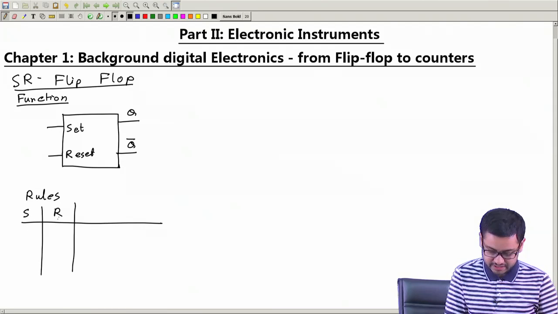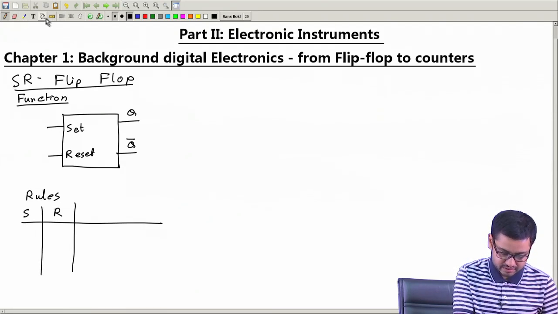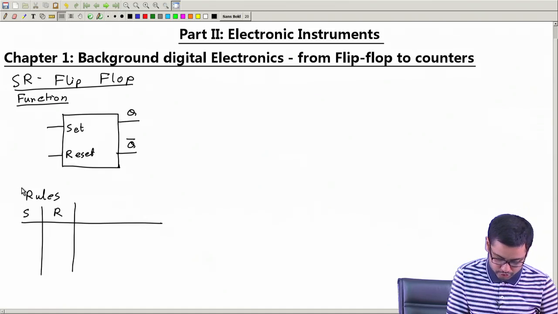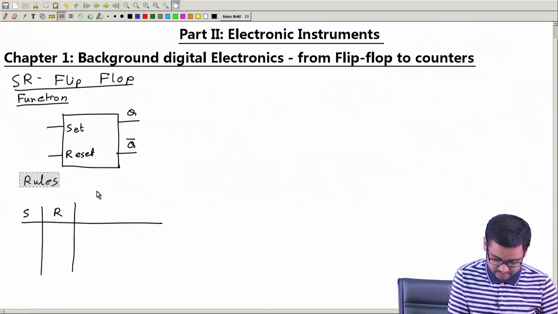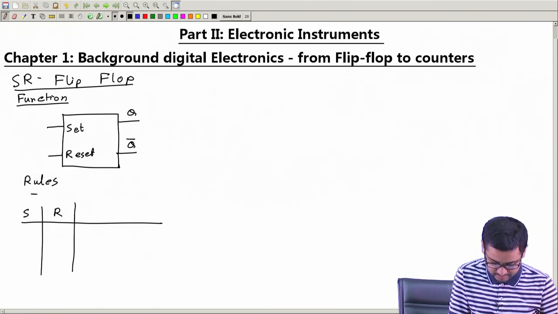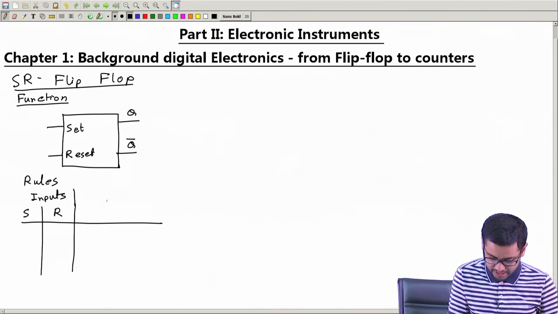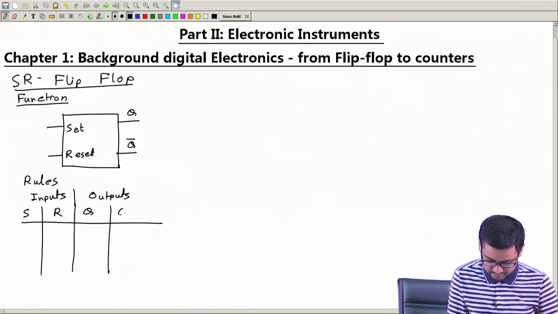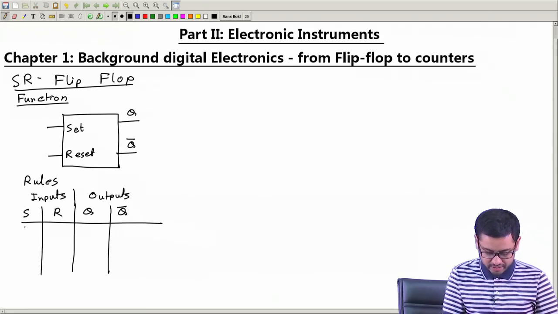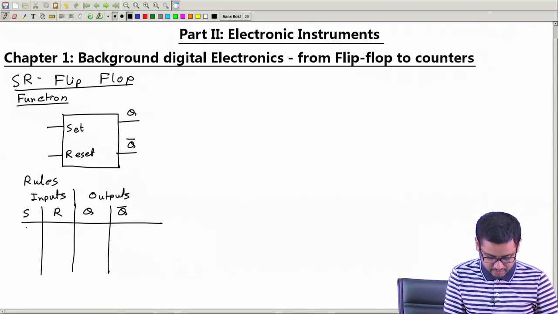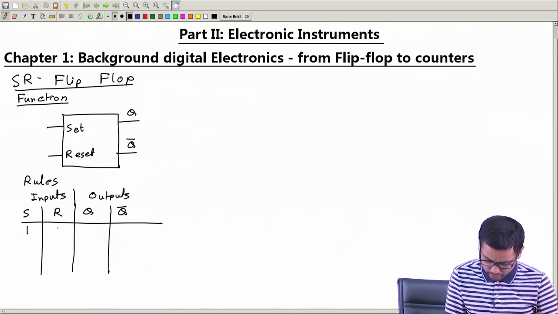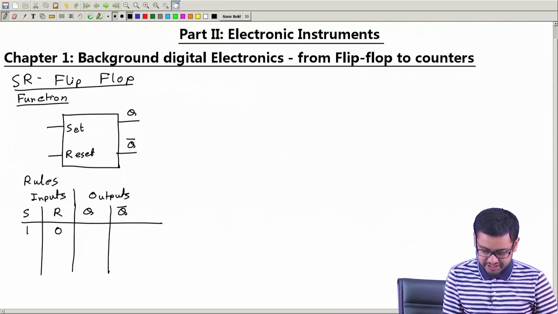I can write the rule as set and reset, these two are the inputs, and the outputs are Q and Q bar. If I give 1 and 0, the rule says Q will become 1.